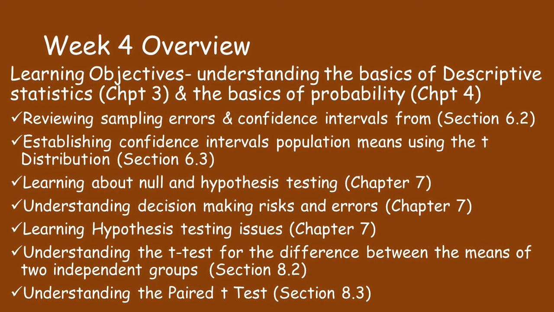We're going to be learning some new things about null and hypothesis testing, and you probably have run across this in another stats course, so this may be a review for some of you. Also from Chapter 7, decision-making risks and the errors that go with it, Type 1, Type 2 errors, that sort of thing. We're going to be looking at hypothesis testing and the issues that go with that.